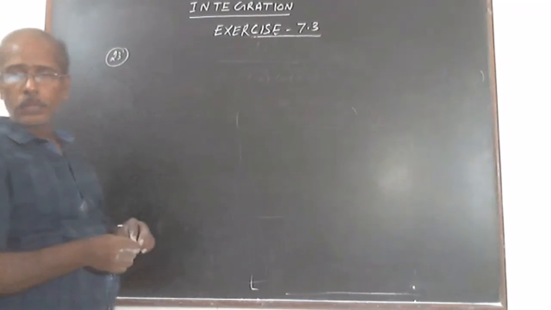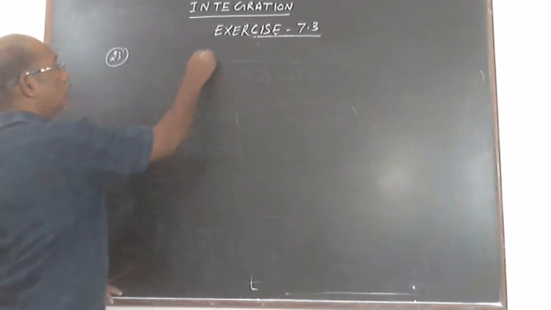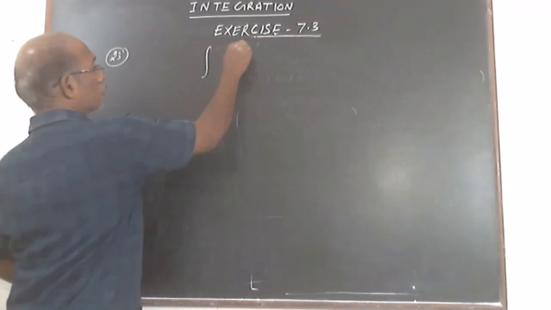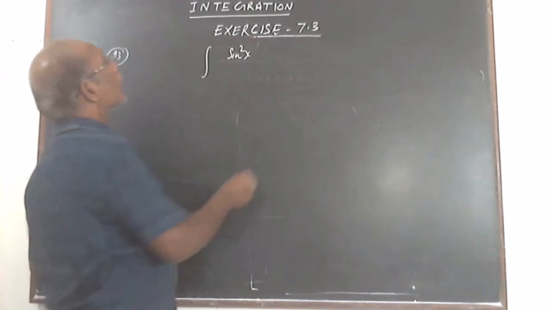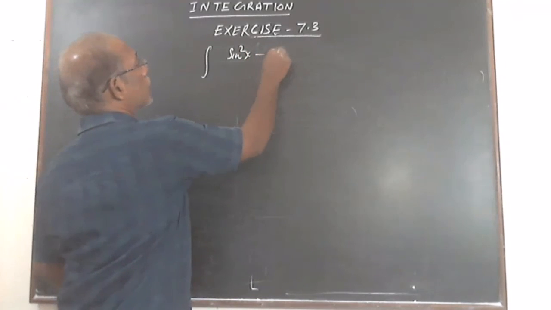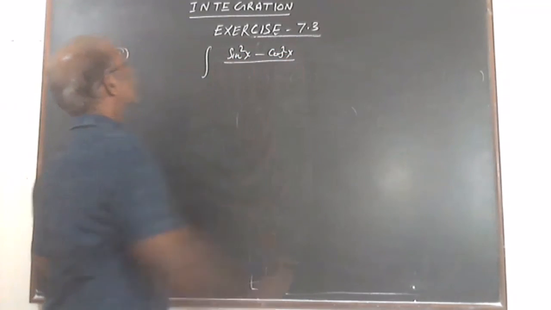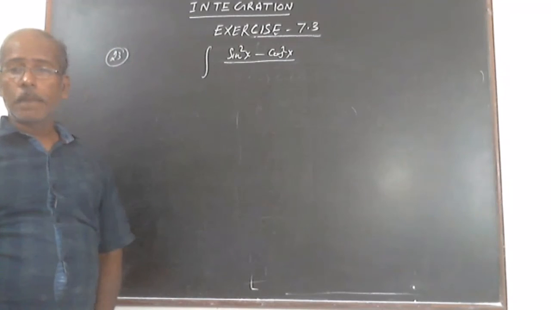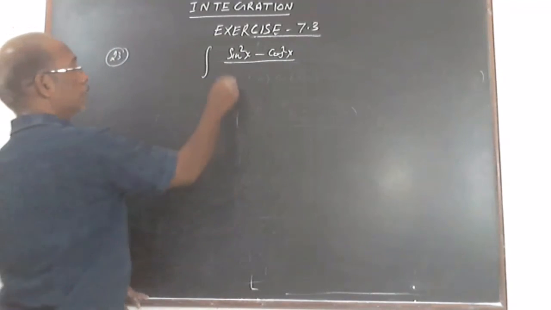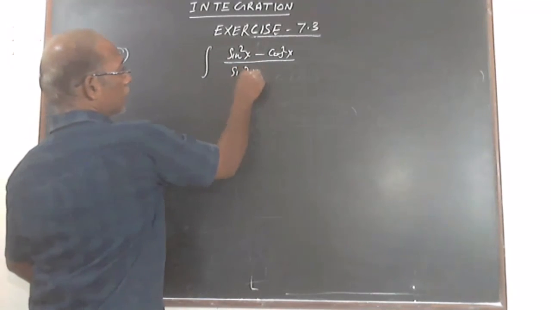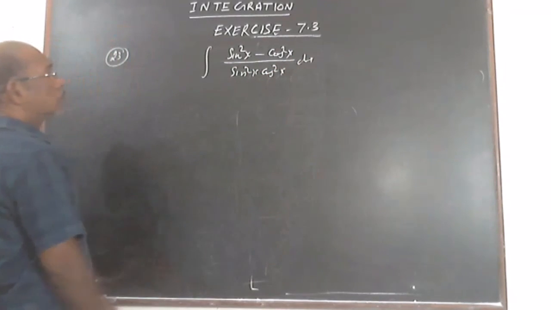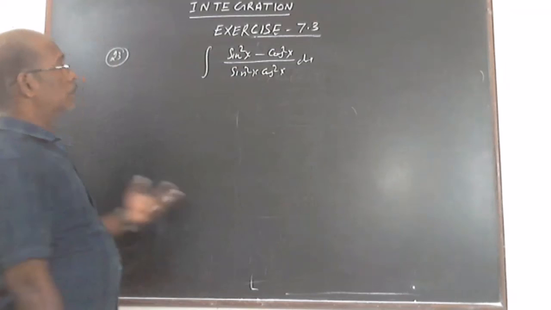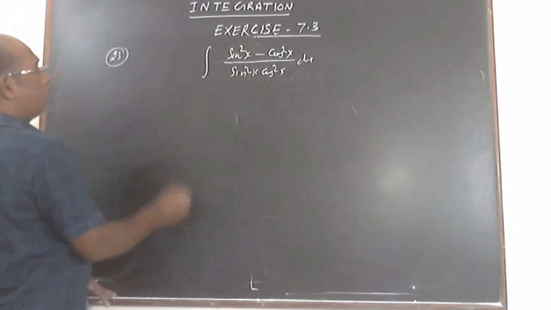Question 23: integral of sin square x minus cos square x, the denominator sin square x into cos square x. There are four options given. We need not worry about that. We will integrate.